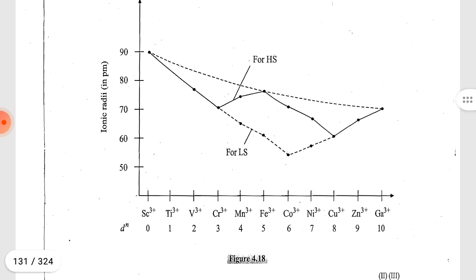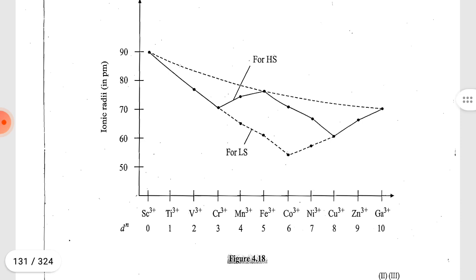In the ionic radii in picometer, for high spin complexes from scandium till chromium, the ionic radii is decreasing.